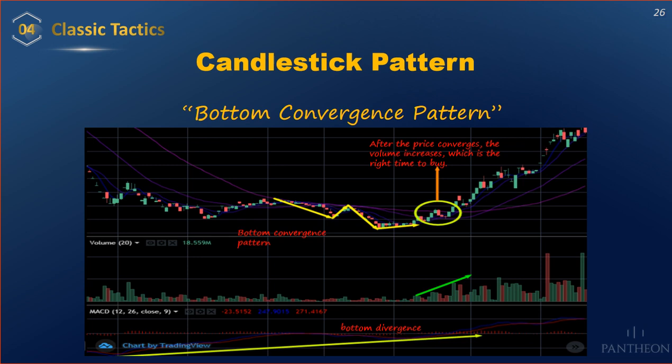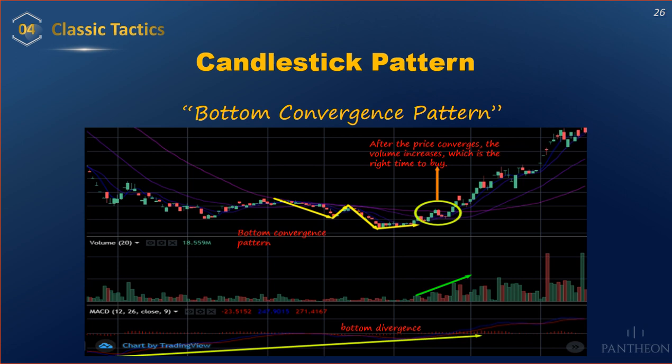However, if the stock price is very close to the moving average below, it is better to wait. It's better to wait for the stock price to break above all moving averages before buying, as all resistance will be overcome at this point, and we can expect a significant upward trend to follow.